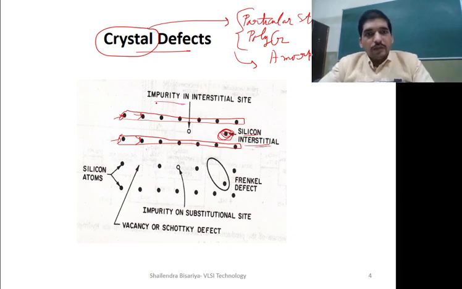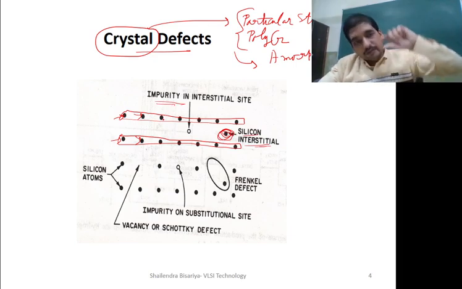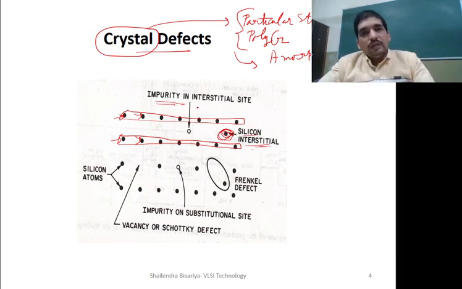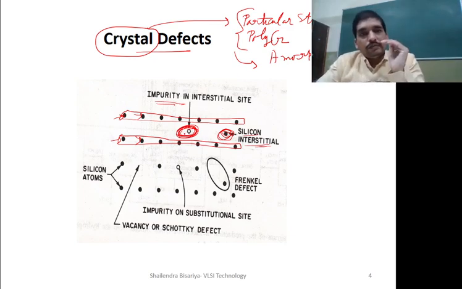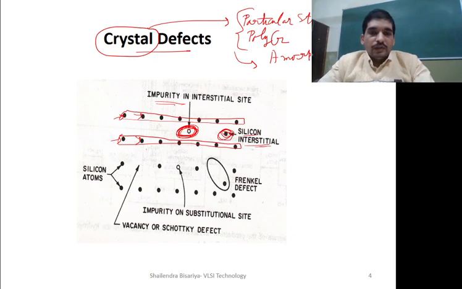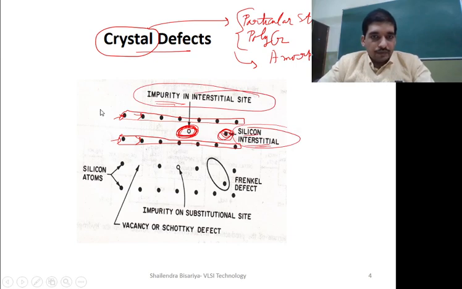And if any other atom which is not silicon is inside the silicon crystal, then that is known as an impurity, and it is known as impurity in interstitial site because it is not at the position as per the periodical structure, but somewhere in between the atoms. I hope this should be clear. Then impurity on substitutional site means basically a silicon atom is replaced by some impurity atom.